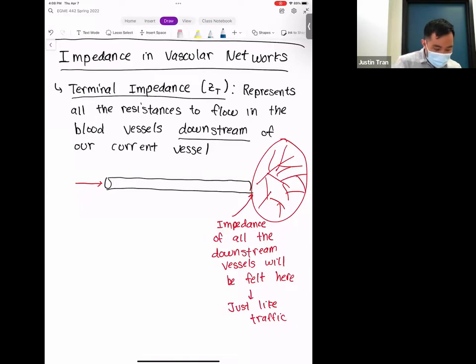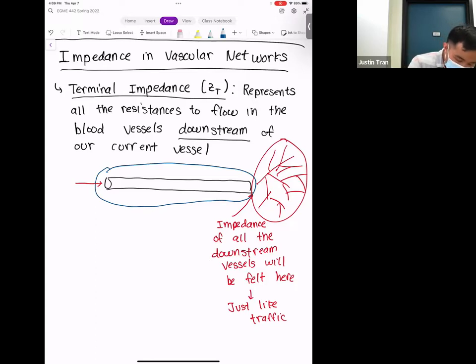But just like you can have resistances downstream, this vessel itself also causes some resistance to flow.